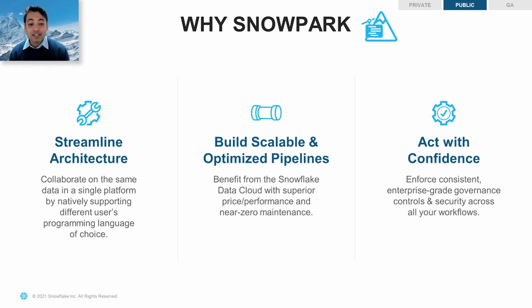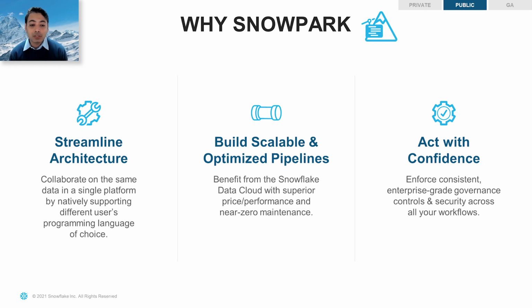The second thing it does is allow access to data in the Snowflake Data Cloud to users beyond SQL users, and lets you build workflows, pipelines, and apps at scale. Because Snowpark is running natively inside Snowflake, you don't have to worry about performance and scalability, because it's optimized to run in a highly scalable multi-cloud environment.